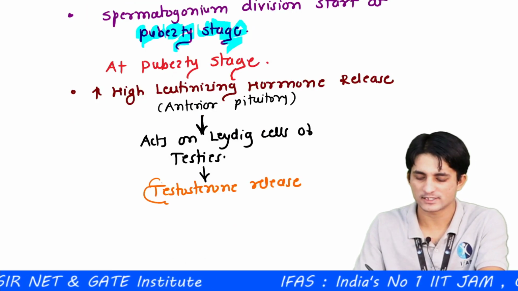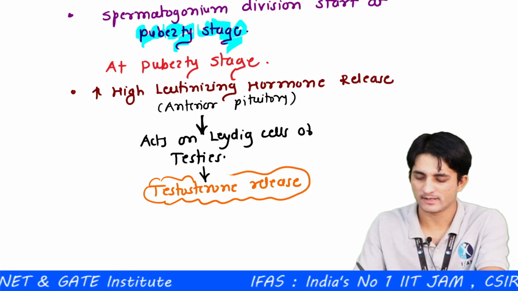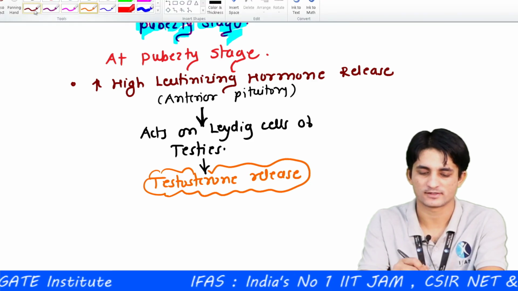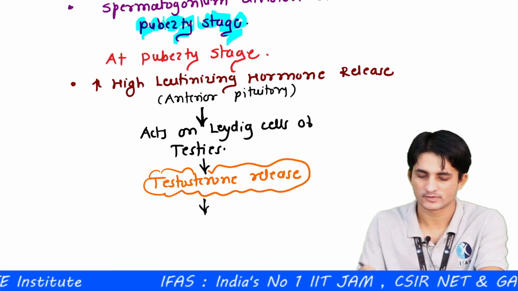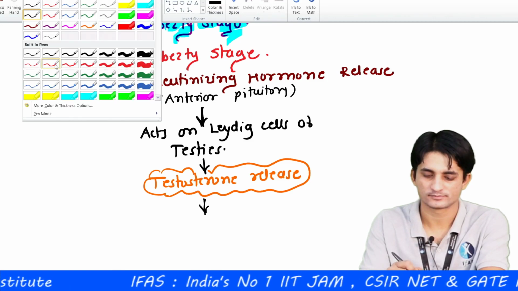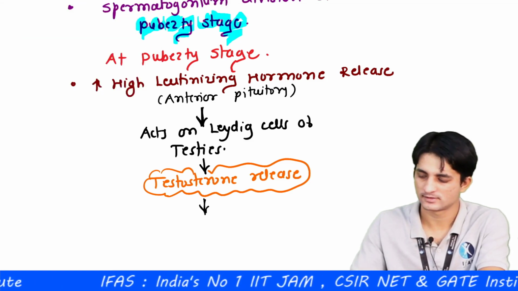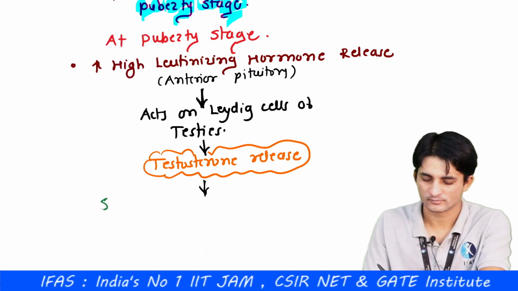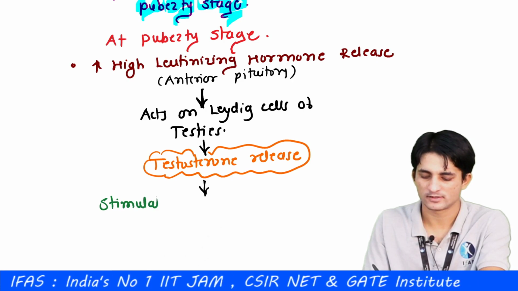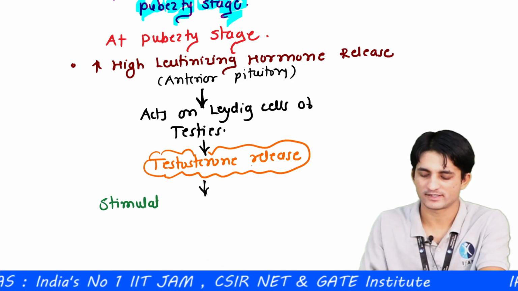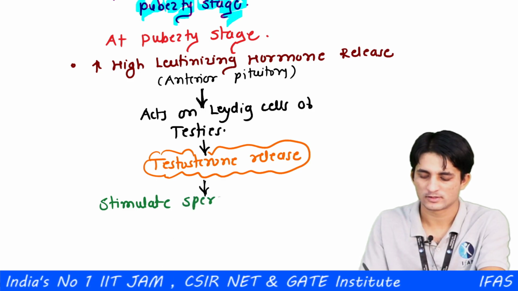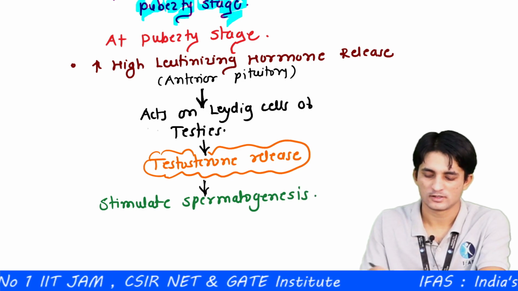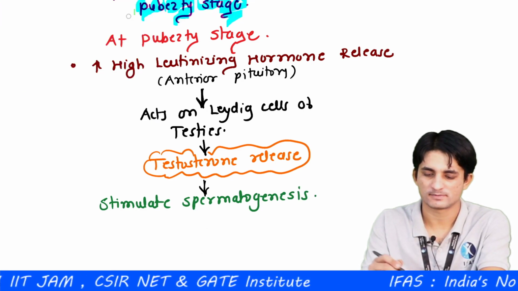Now this testosterone plays a major role, which stimulates or activates spermatogonium division, that is, it stimulates spermatogenesis.